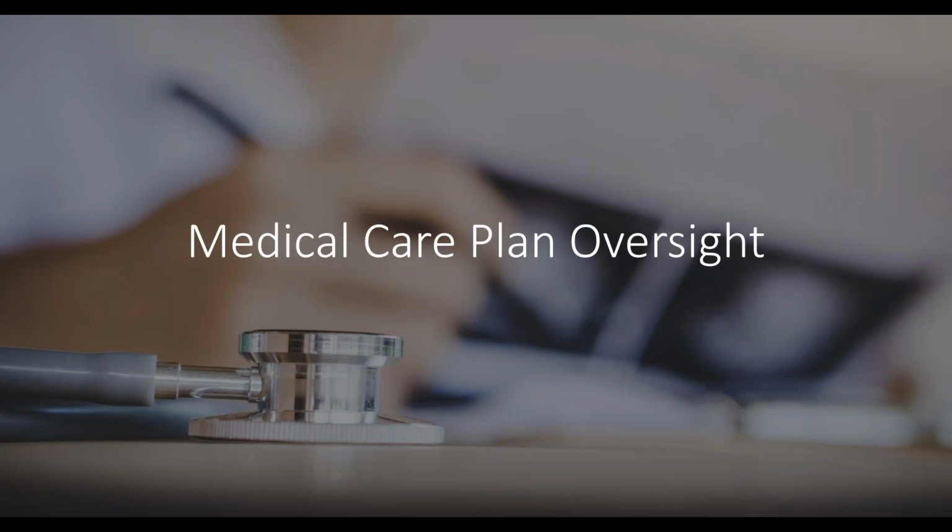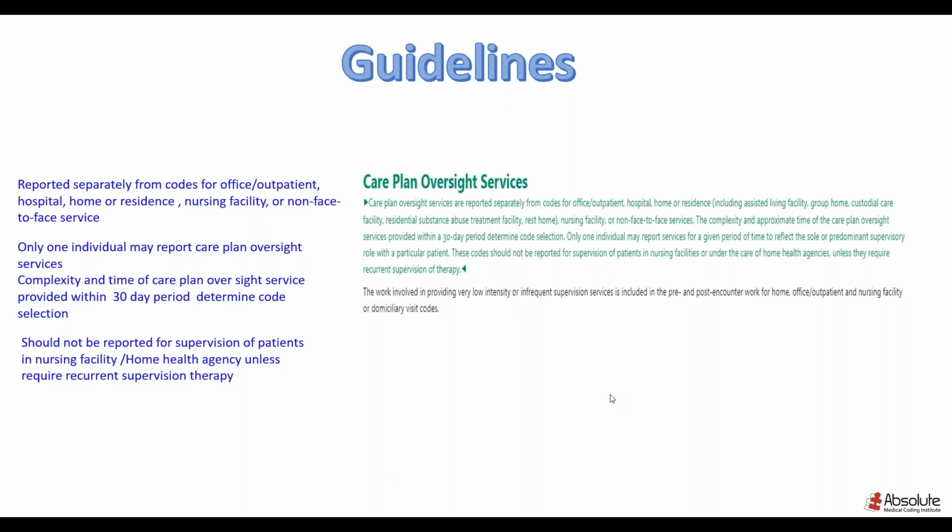particular section. So we are moving forward to medical care plan oversight, and the guideline. Let's review the guideline for medical care plan oversight. So these are the guidelines. These codes are reported separately from the codes for office or outpatient, hospital, home or residence, nursing care facility, or non-physician face-to-face services.